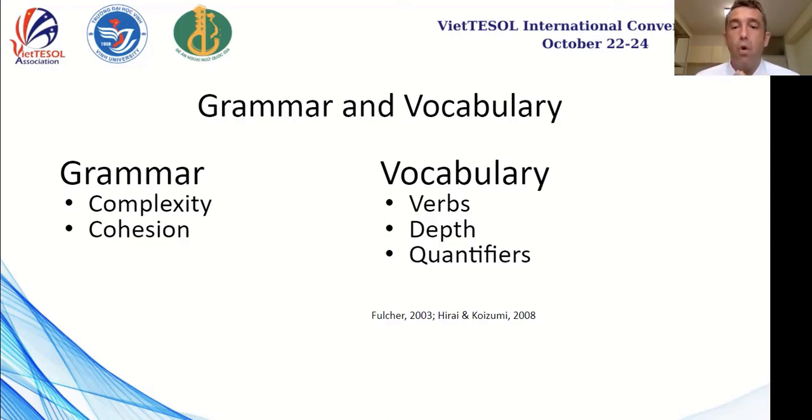And then the use of quantifiers such as many and much. Oftentimes, Japanese English speakers will have problems with using much and many. And so if they are able to use those correctly, or if they try to use them at all, they are graded at a higher point.